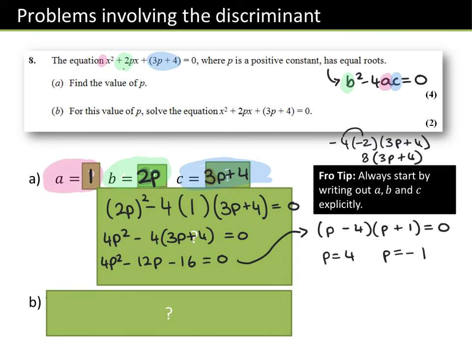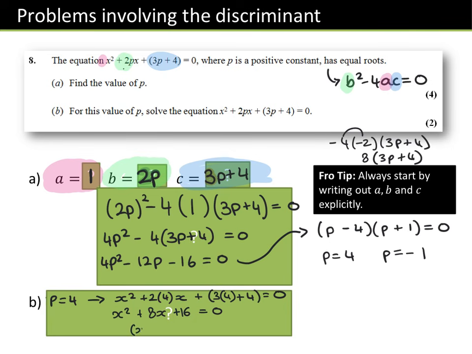So if we let p equal 4, then our equation is x squared plus 2 lots of 4x, plus 3 lots of 4 plus 4 equals 0. That's going to give me x squared plus 8x plus 12 plus 16 equals 0. I'm going to factorise this and solve this.